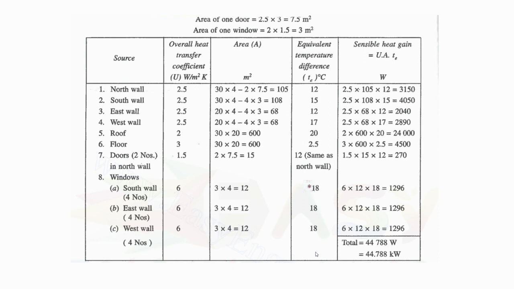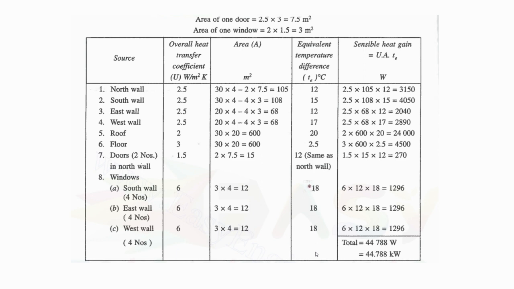Three walls have windows, which are the south wall, east wall, and west wall. Now in the second column we have our heat transfer coefficient, which is U in watt per meter square per Kelvin. Now area we have to take, as dimensions we have none, so we have to just calculate the area of the door and wall and other things.